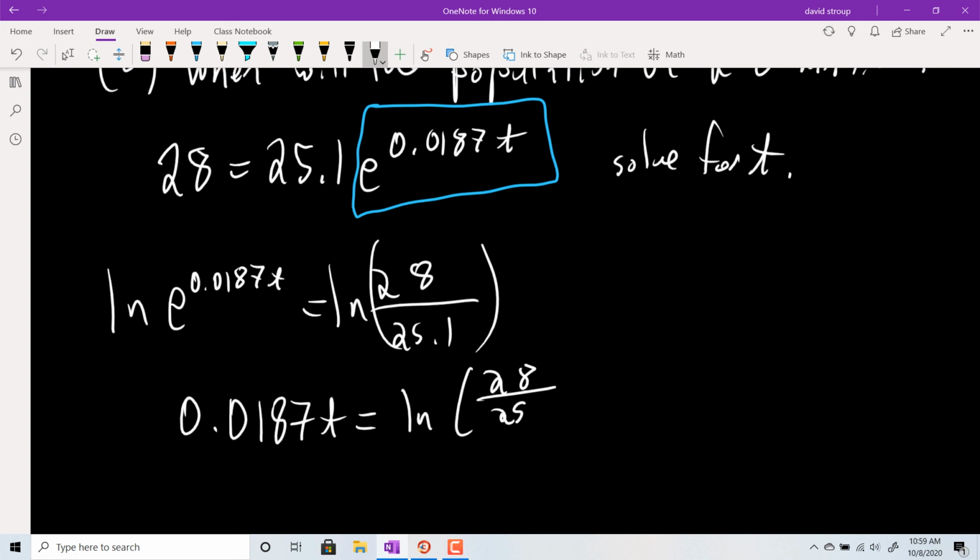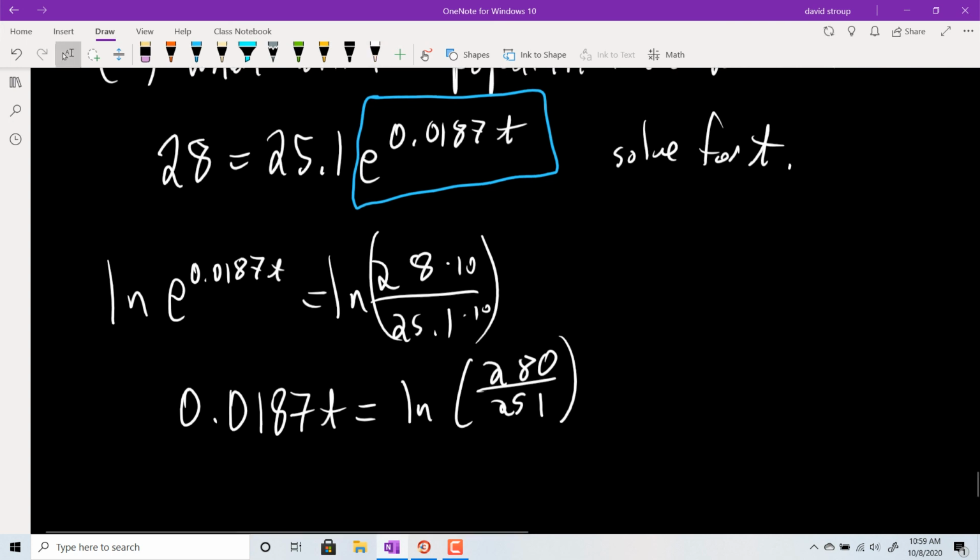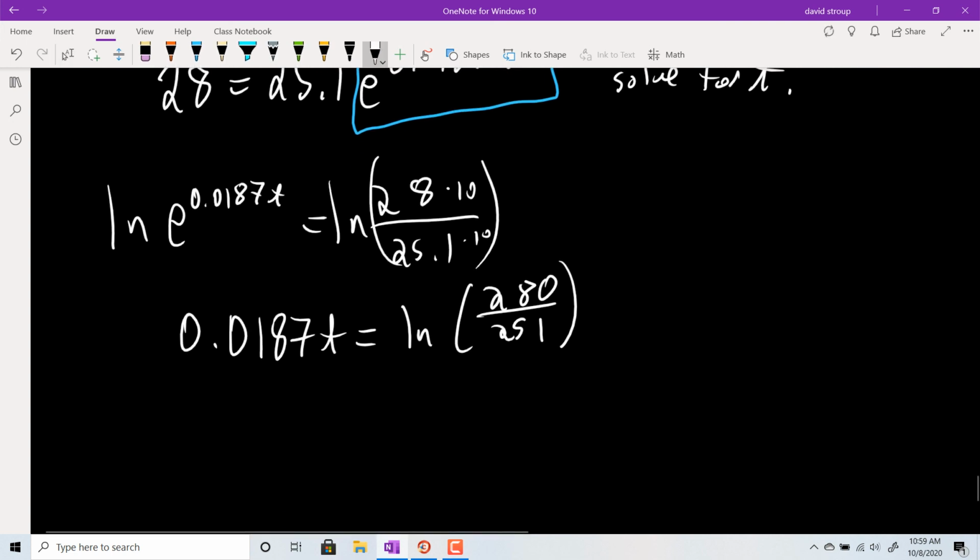There's something unsettling to me to have a decimal inside of a fraction, so I'm going to multiply top and bottom of this by 10, and that'll get rid of that issue. So that's a 251. Just too weird for me. I'm sorry. I'm not a traditional kind of person when it comes to math.